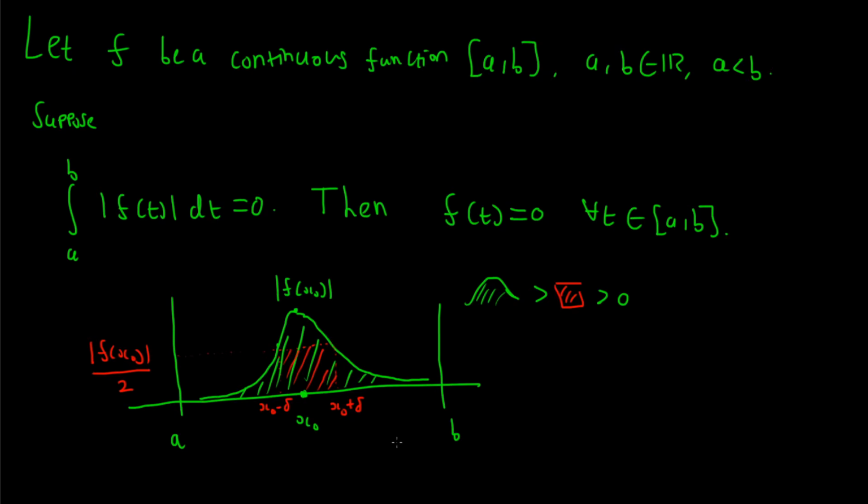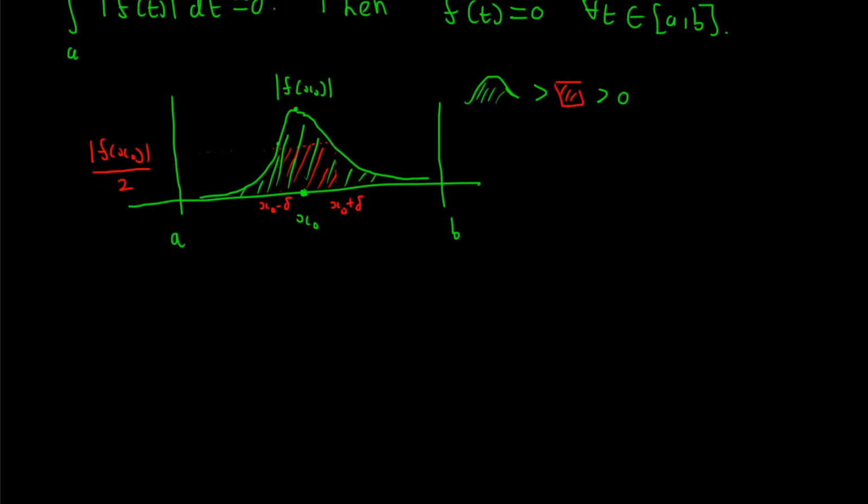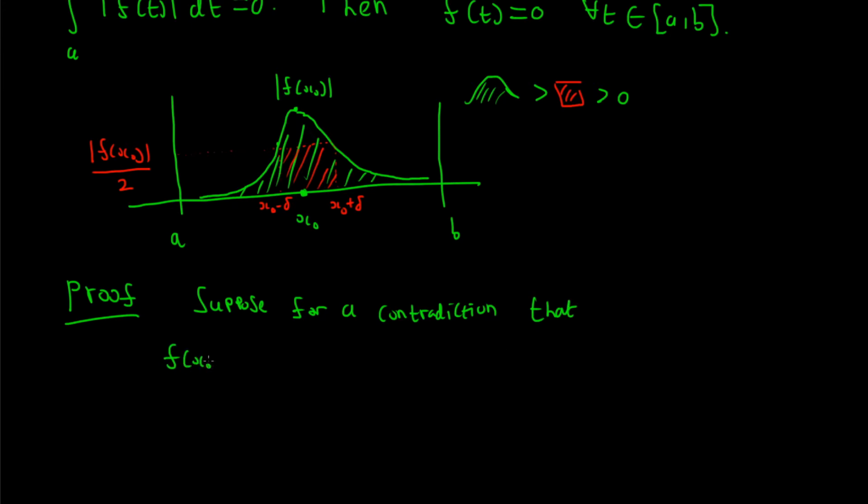Okay, right, let's get into the actual proof, keeping that diagram in mind. So, proof. Suppose for a contradiction that f of x0 is non-zero for some x0 in open (a, b).